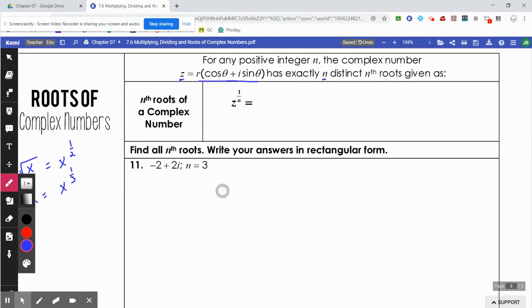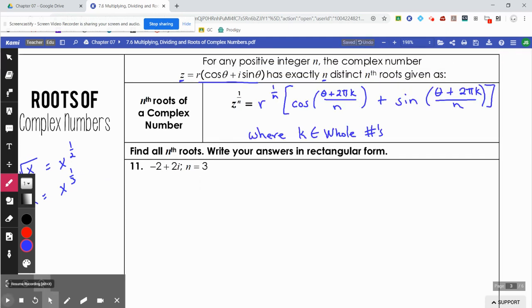But here is the formula that we're going to be using. R to the 1/nth power, which looks very similar to what we just did. To raise z to a power, you simply raise first off r to the power. Now this is what's going to be a little bit different. Cosine of theta, which theta is again your argument there, but there's going to be repeat answers here, and that's what this is talking about.